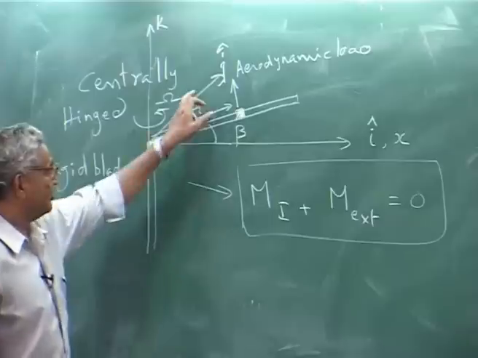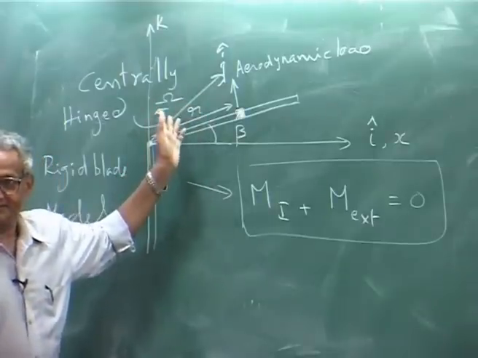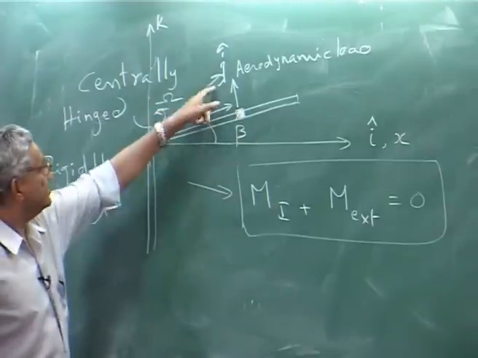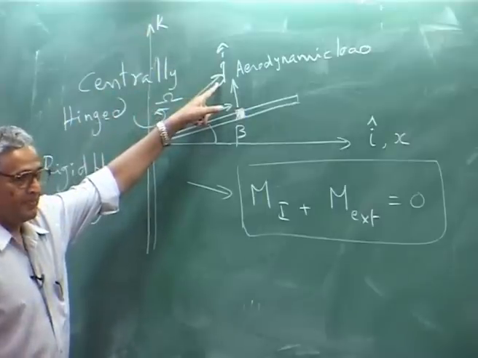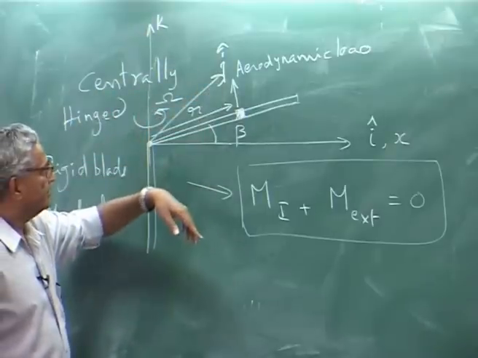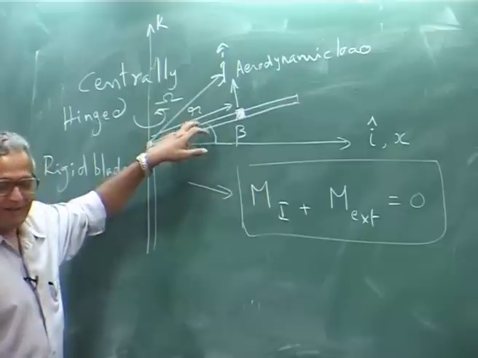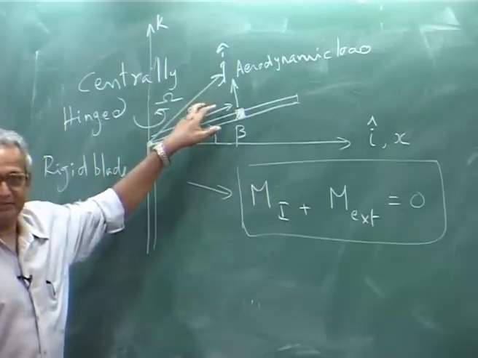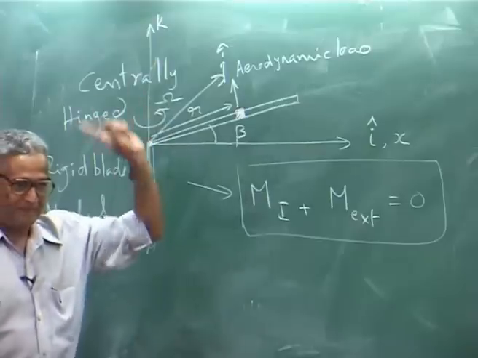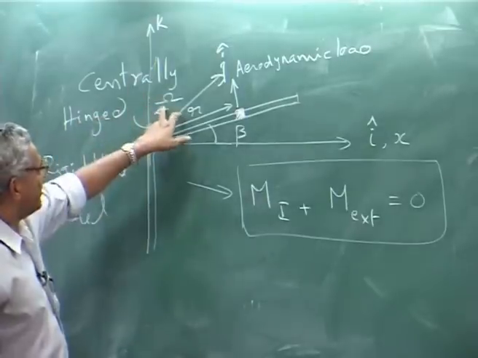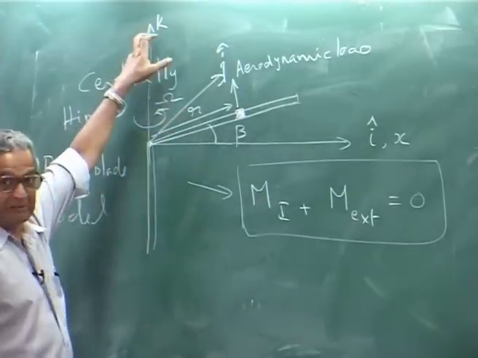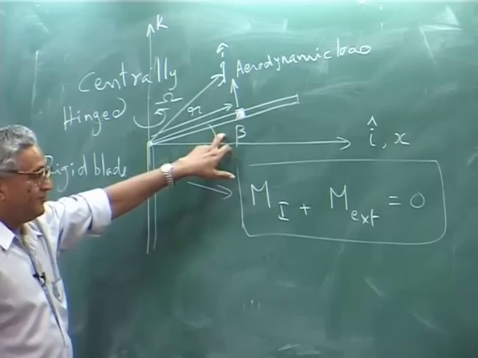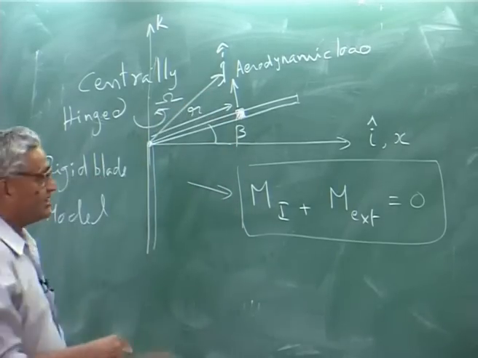The rotation is about the J axis. J, this is K. Flap motion is alone. That is the rotor RPM. This capital omega is about K. Flap motion is about J.